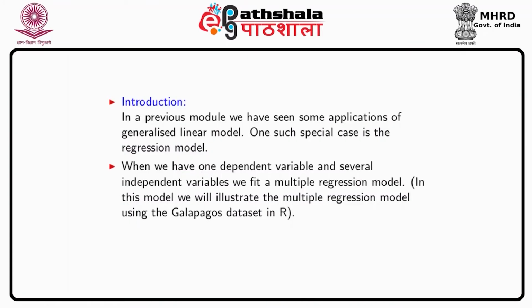In a previous module, we have seen some applications of the general linear model in the form of regression, in the form of analysis of variance, and in the form of analysis of covariance, depending on what kind of explanatory variables we are dealing with. In case the explanatory variables are all continuous, we have a multiple or a simple regression setup.